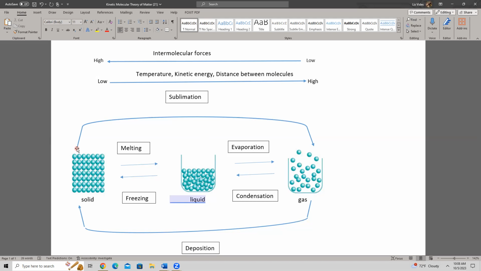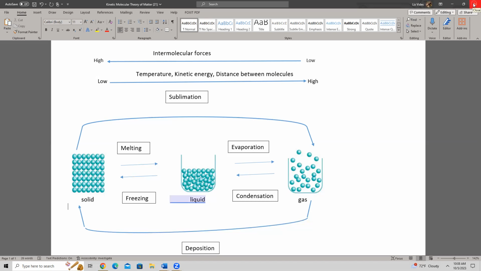So into the system means the ice cube, the glass of water, whatever it is, right? And you're releasing it out into the environment when you are becoming a solid. So from right to left. So that's how that works. All right. So that's your kinetic molecular theory of matter.